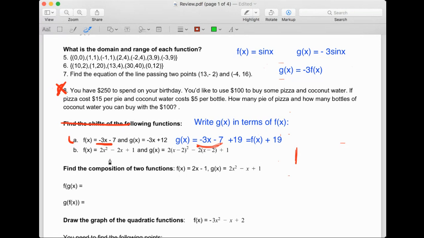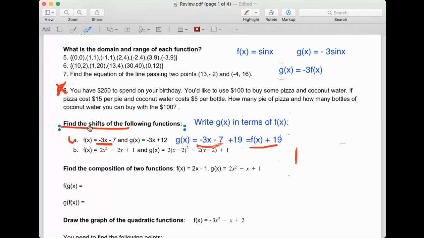No? Okay. So transformation, do we see this is a vertical shift? Yeah, vertical shift, right? So basically g is pushing f 19 units up. So that's what this shift is talking about. Finding shifts of the following functions.